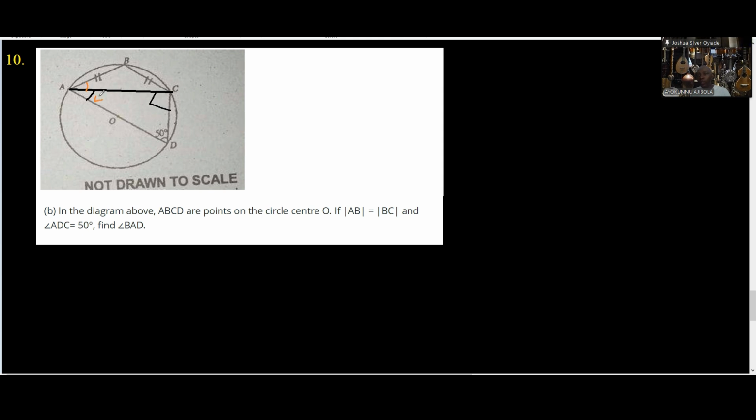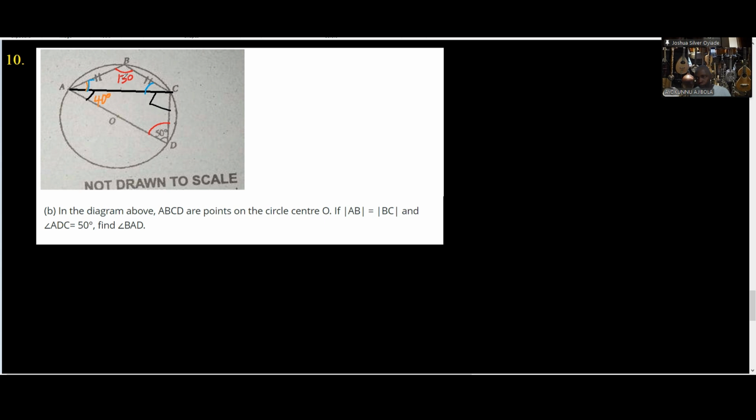So this place will be 40, right? And we know that the opposite angles of a cyclic quadrilateral add up to 180. So this place will be 130. And if this is 130, then the base angles are supposed to be equal, okay?